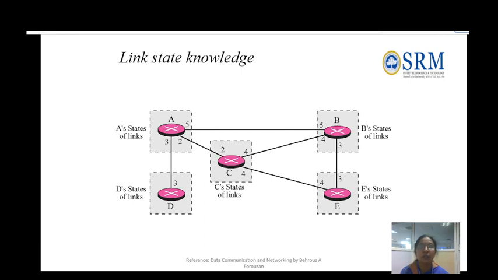These are the knowledge captured at node A. And then node B: from A to B it is 5, from B to C it is 4, and B to E it is 3. So each and every node will have the link state knowledge, meaning how that particular node is linked to the next node and in what kind of metric it is measured. That is what we are talking about in the link state knowledge.